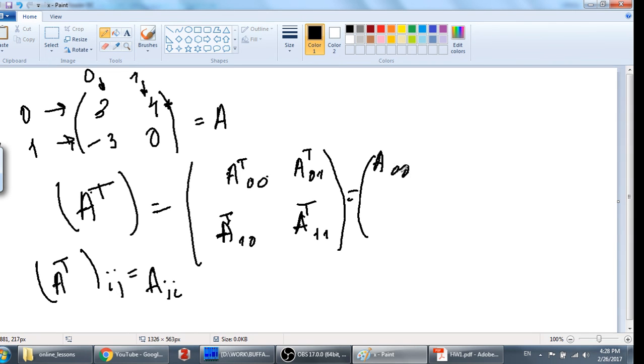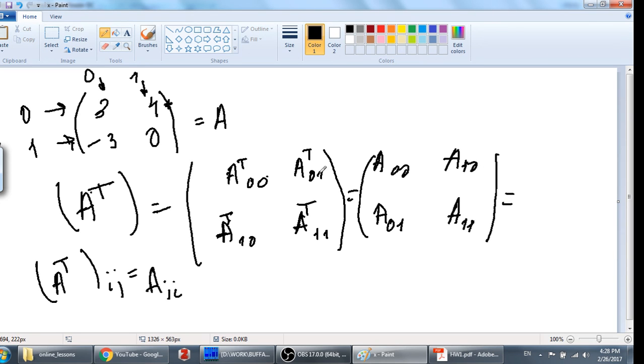You change the order, you get 0, 0. Here i is 0, j is 1, so that becomes A 1, 0. By the same technique, we have A 0, 1, and here A 1, 1.